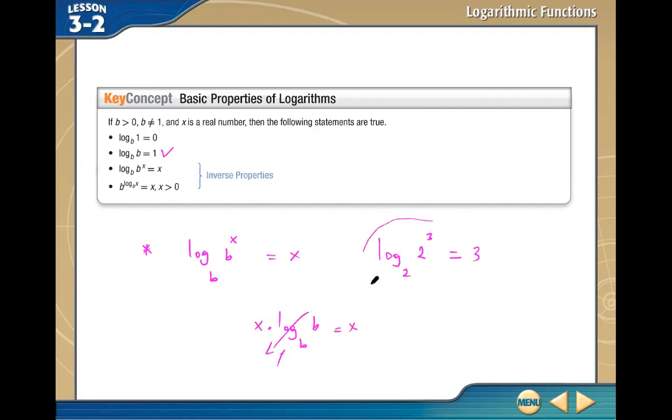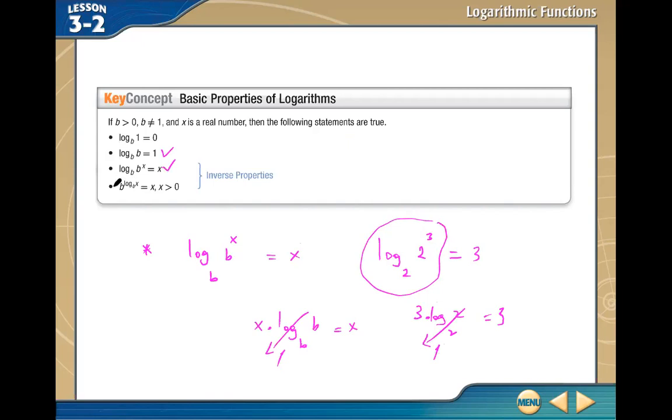This could be written as 3 times log 2 of 2, which is 3 times 1, so the result is 3. But as a main property, if you have this case, you can say directly the result is x.